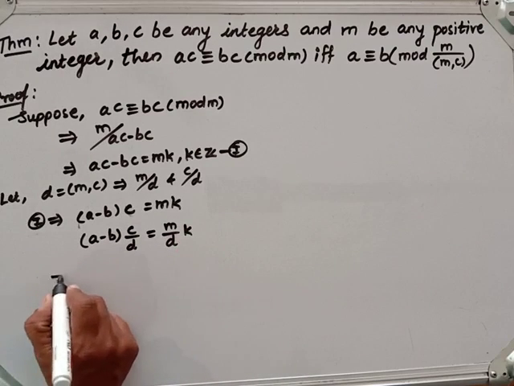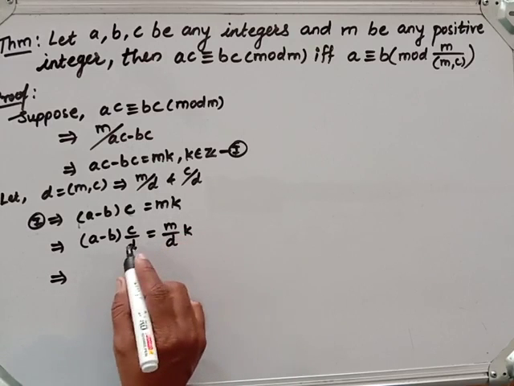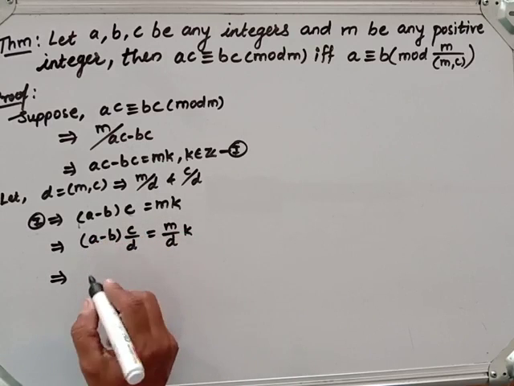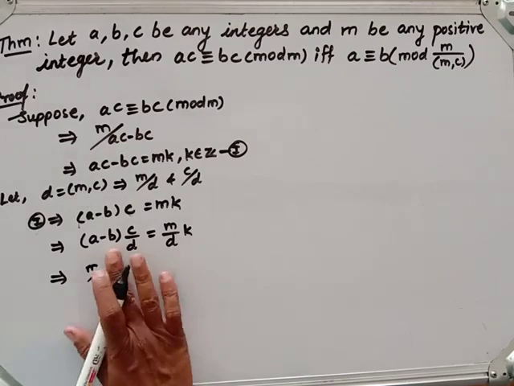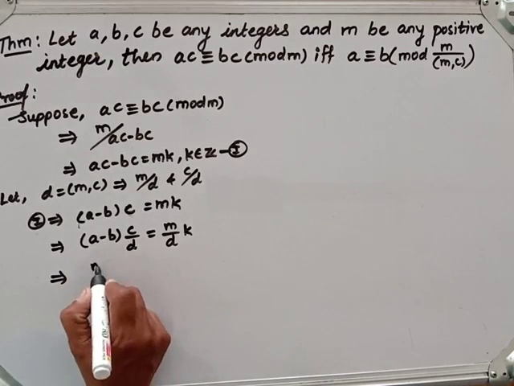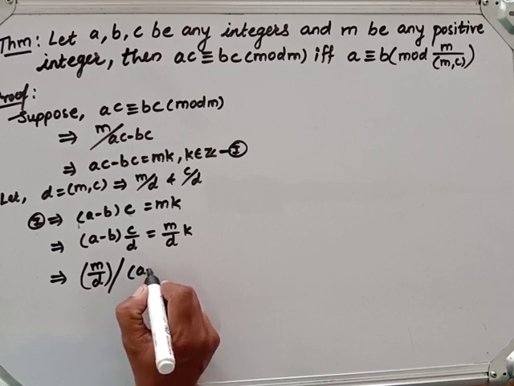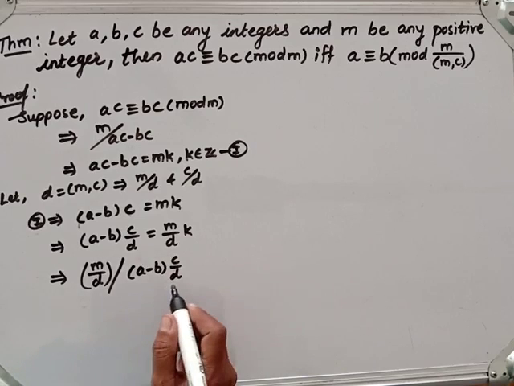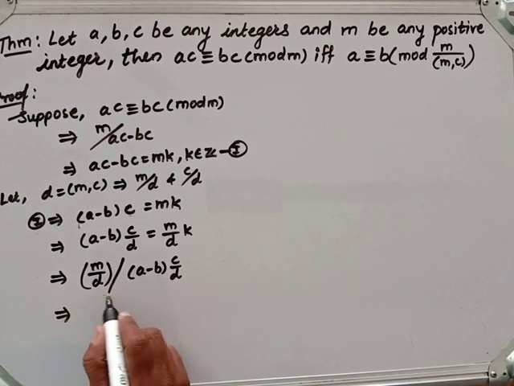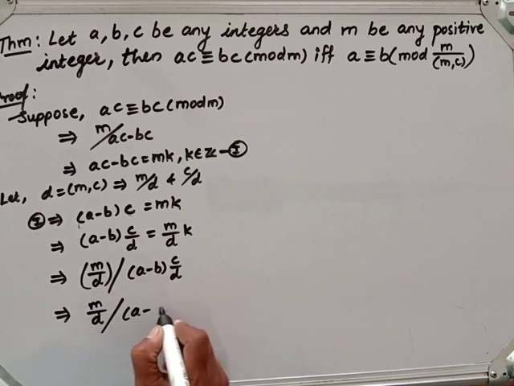If this is the case, then m upon d is a divisor of a minus b into c upon d. That is the same as to say m upon d divides a minus b.